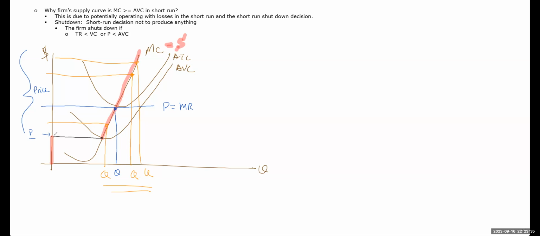But it stops right here, where marginal cost goes through the average variable cost. Right there. That's where it stops. Anything below that, if the price goes below that point in this region, the firm shuts down. So the short run shutdown rule is: if price is less than average variable cost, and you multiply both sides by quantity, total revenue is less than variable cost.